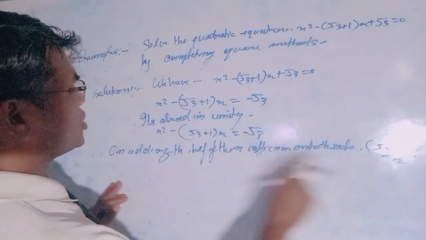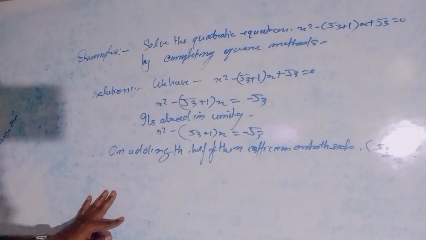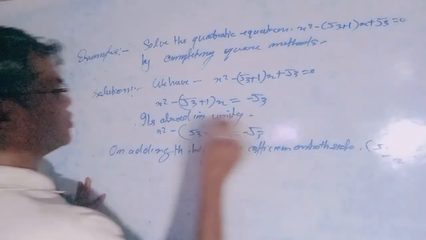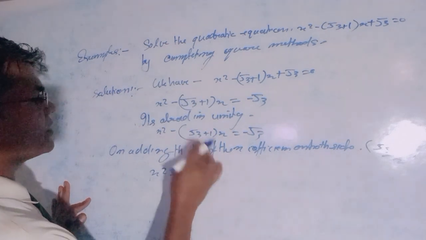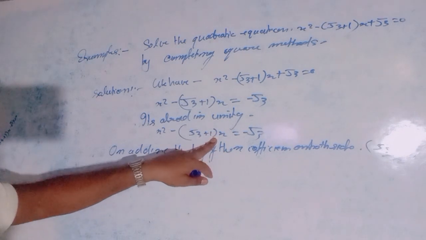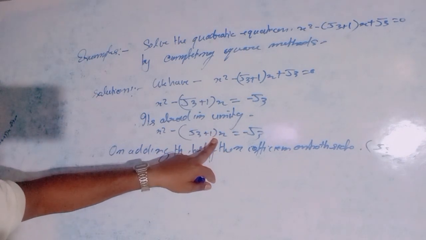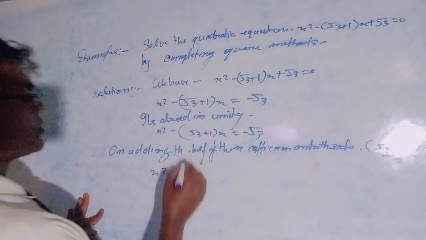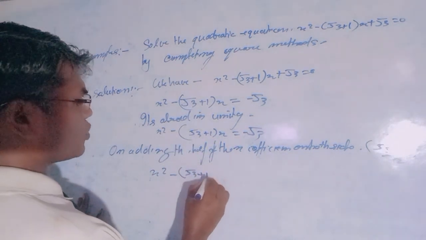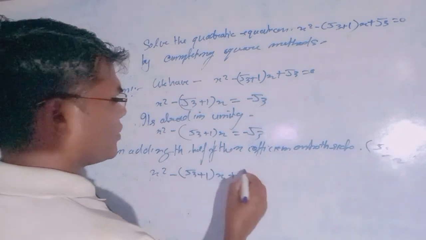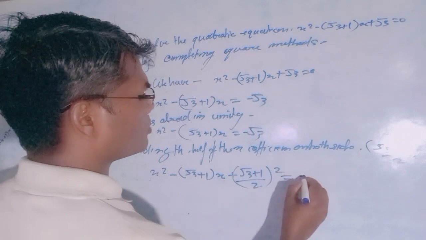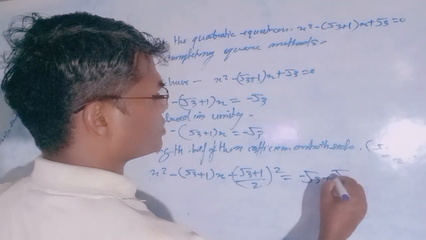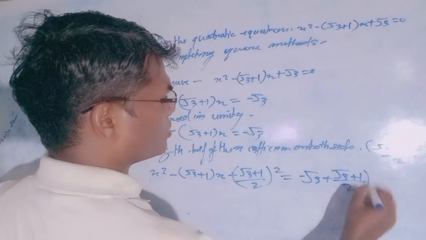So we add this square on both sides: x square minus (root 3 plus 1) x plus ((root 3 plus 1) by 2) whole square is equal to minus root 3 plus ((root 3 plus 1) by 2) whole square.